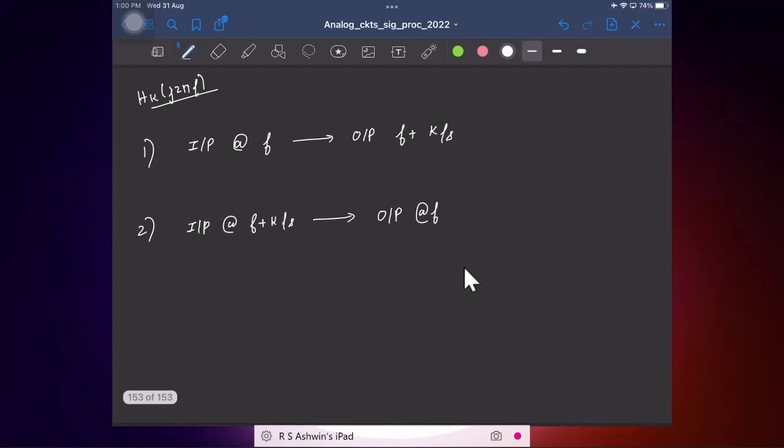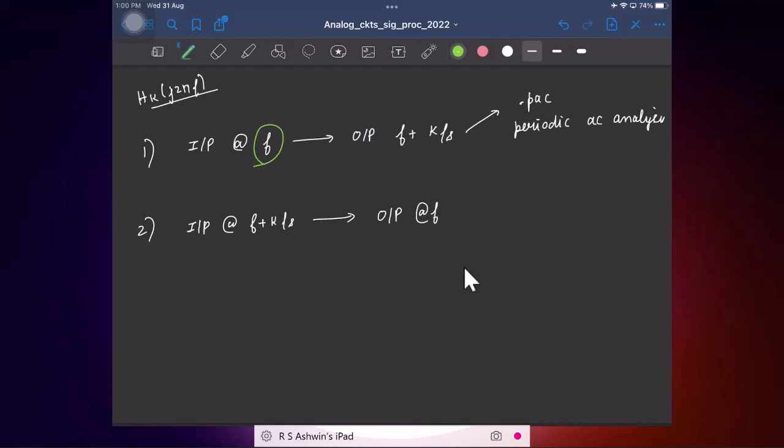There are two different simulations for these. The first can be run using a .PAC, which is periodic AC analysis. Here you specify the input frequency, and it will tell you how this frequency is translated at the output around each harmonic, right?